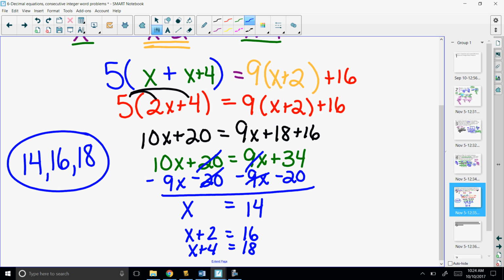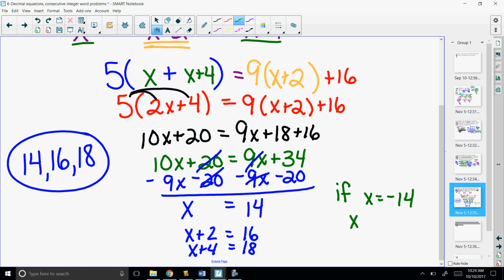When you get to negative numbers, that causes a little more problem because of this. If x was negative 14, for an example, what is the next consecutive even integer? Negative 12, not negative 16. You got to be careful of that.